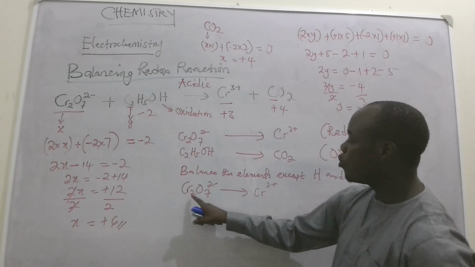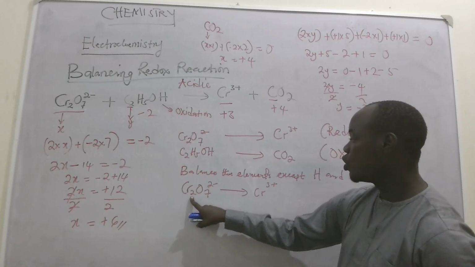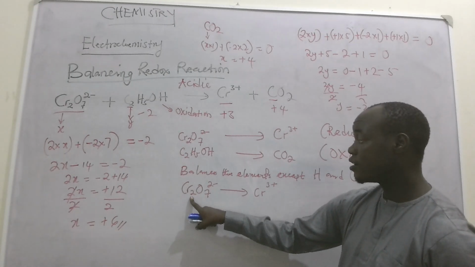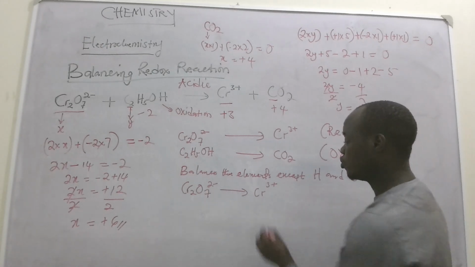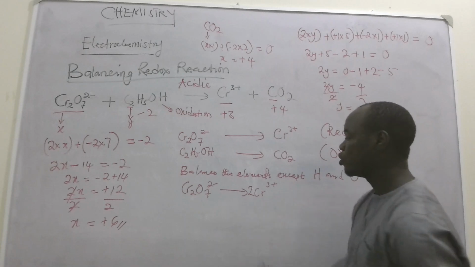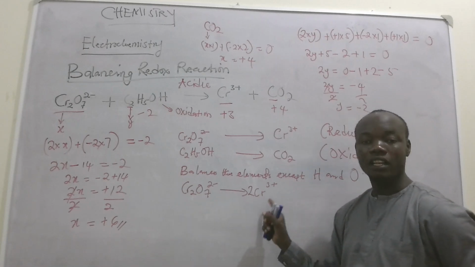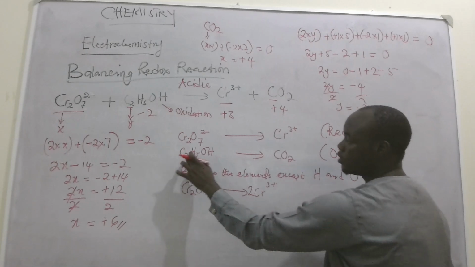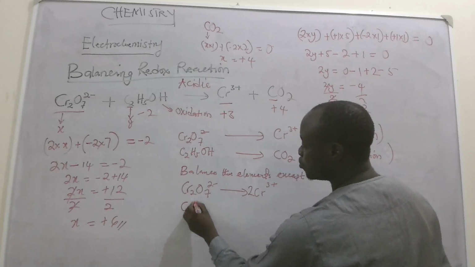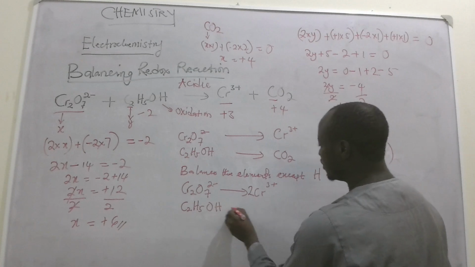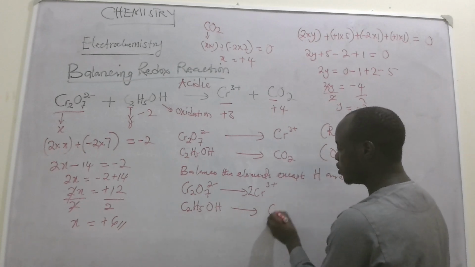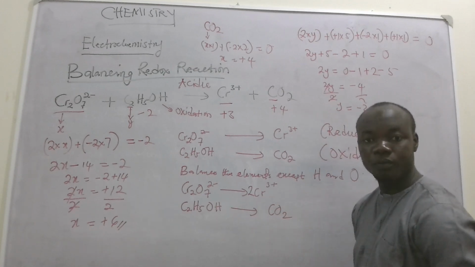How many chromium do we have here? We have 2 chromium, so we are going to add 2 here. So we now balance the chromium. And for this one, we now have C2H5OH, then CO2.